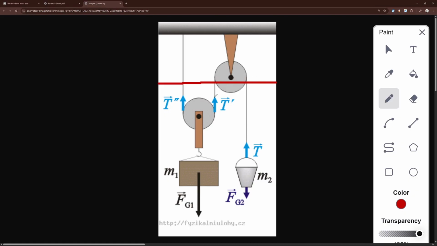So with respect to this origin, this is going towards the origin, so I would call these tensions negative. Then my force of gravity is downwards, so down is positive in this case. And then you would find t prime, that would be what the question's asking.